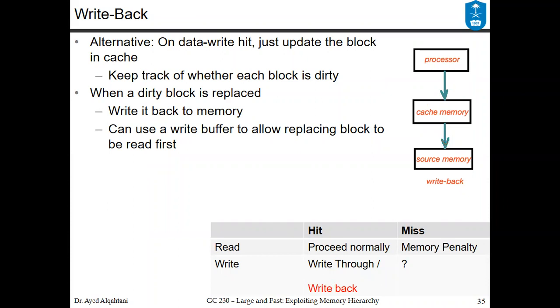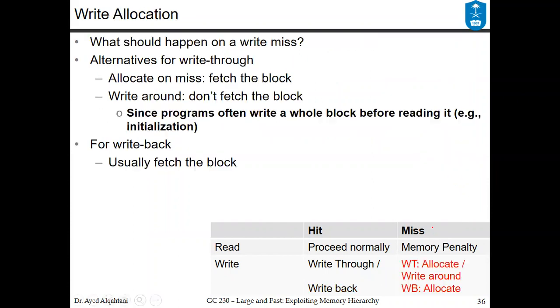Now what happens in the miss? In the miss, you're actually trying to access the cache, but you couldn't find it. First, you want to write. The processor instruction was a store, so you want to write into the cache, and you try to find the address, and it was a miss.